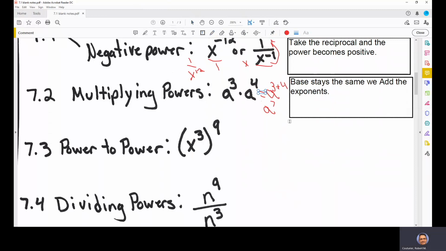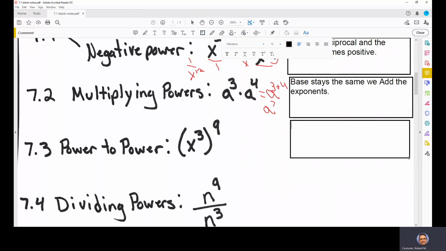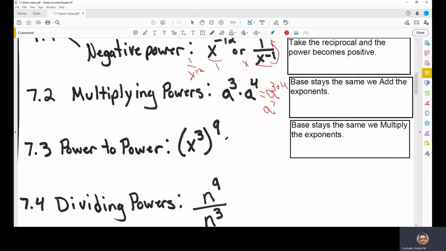When we're dealing with power to power, that's our next chunk of little rules. And the base will stay the same for us. We multiply the exponents. If we want to write that so we can see what's actually happening.